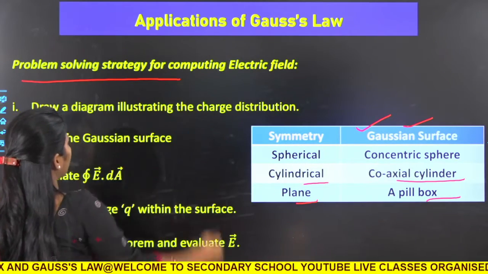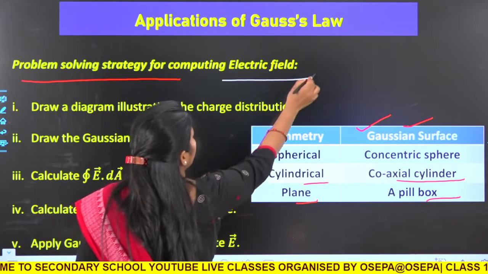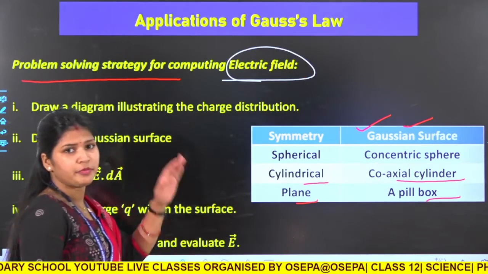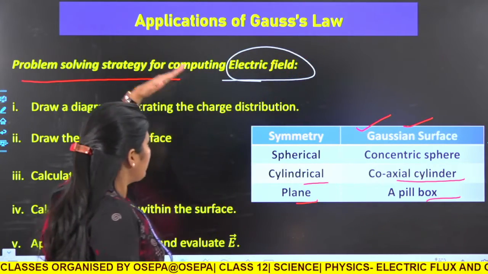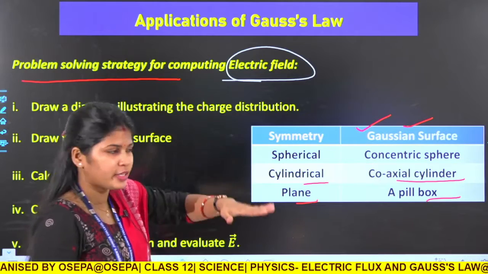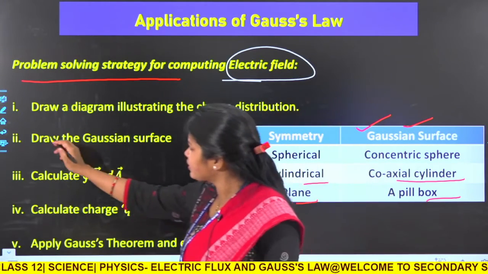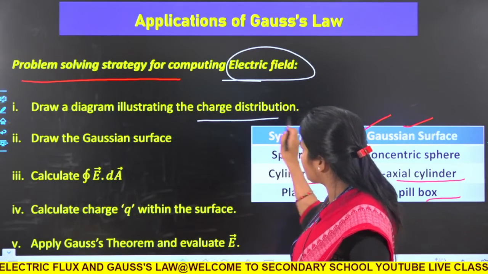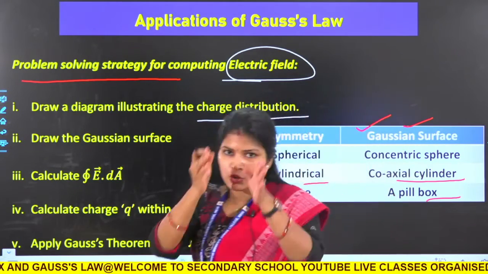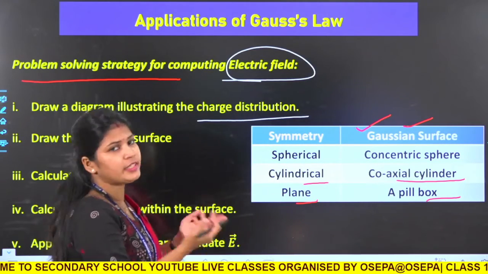Then what are the steps? The problem solving strategy for computing electric field has many steps. Let's discuss. First step is to draw a diagram illustrating the charge distribution, with a point charge, line charge, or maybe a plane sheet of charge.